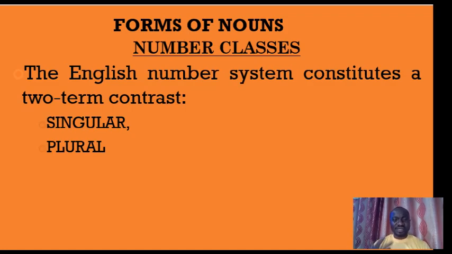When we say singular, we mean one item, and when we talk of plural, we mean many items. When you have a noun in many forms, how do we call them? That is the plural.